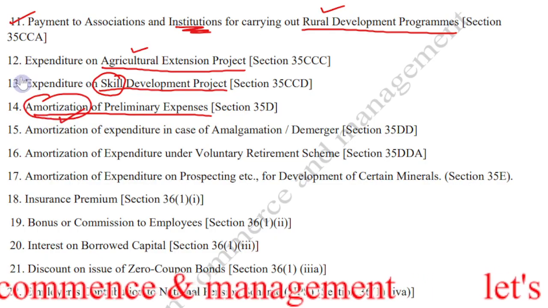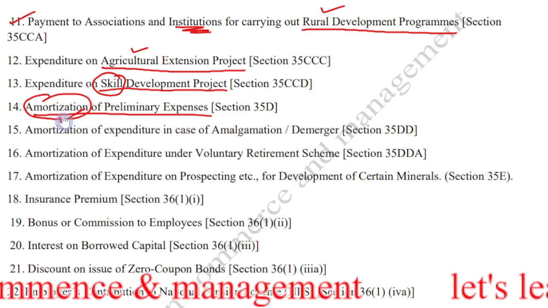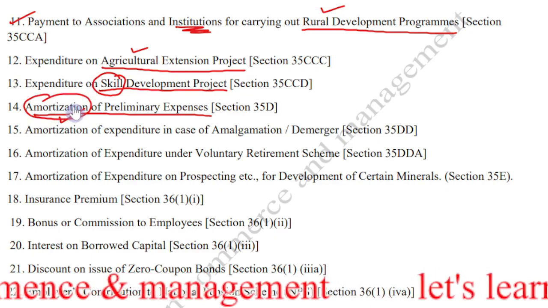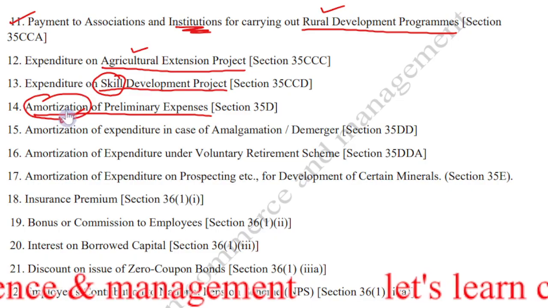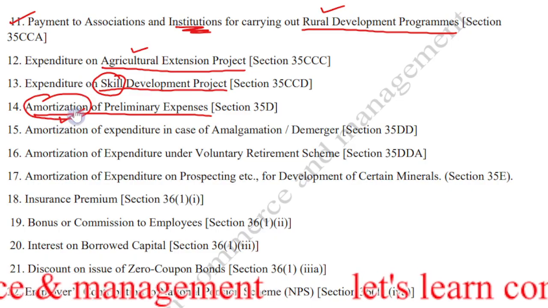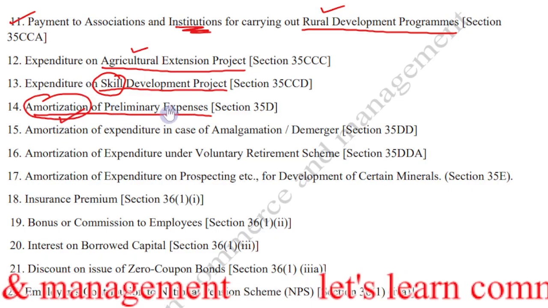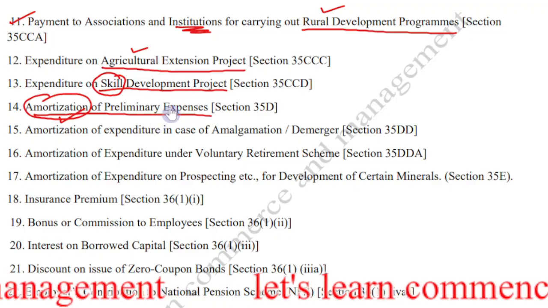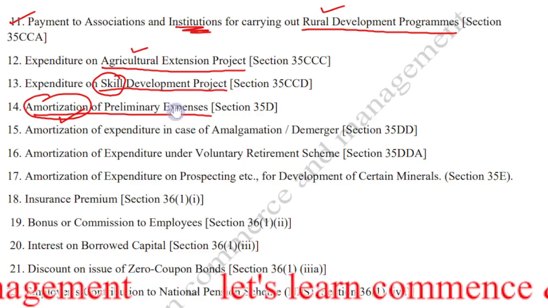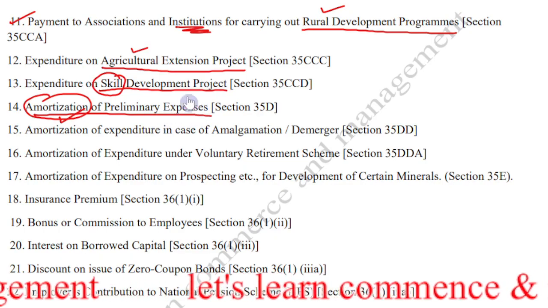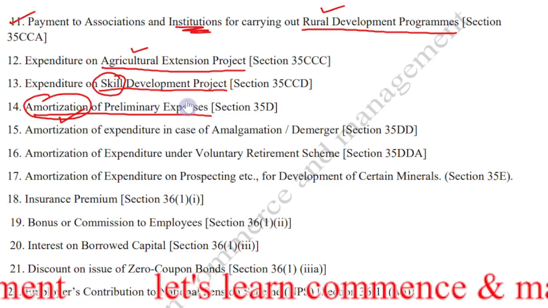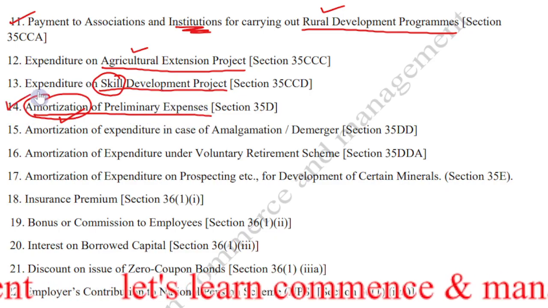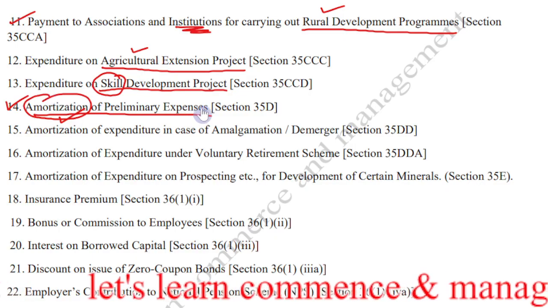Reduction in value of preliminary expenses, meaning the expenses incurred before the formation of the company, which are called preliminary expenses. So the amortization of preliminary expenses is considered as a valid expense. Deduction is allowed.